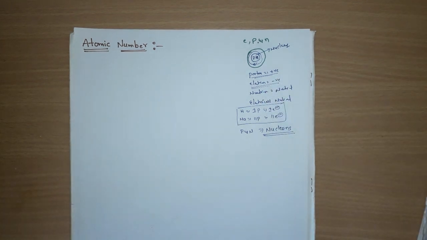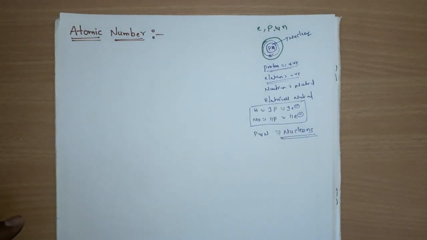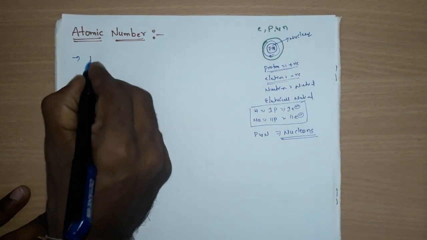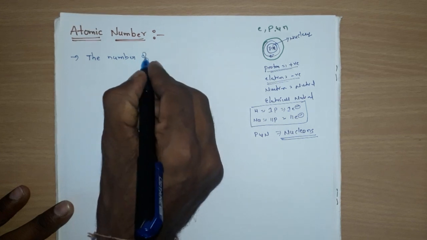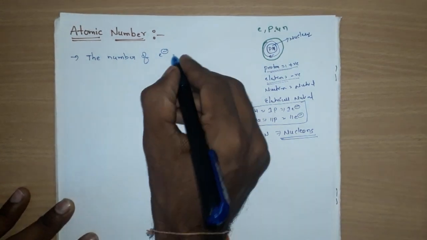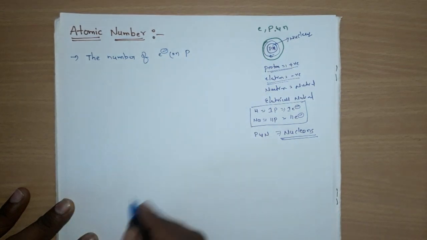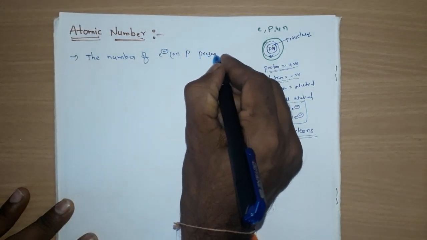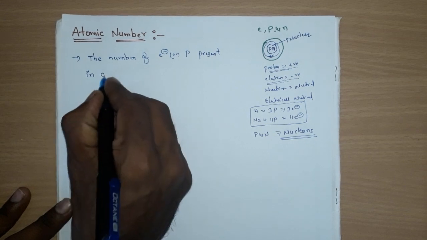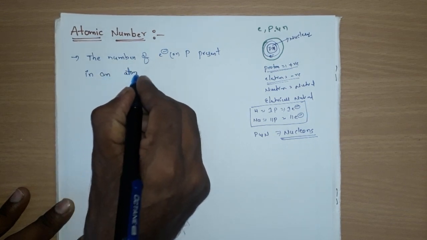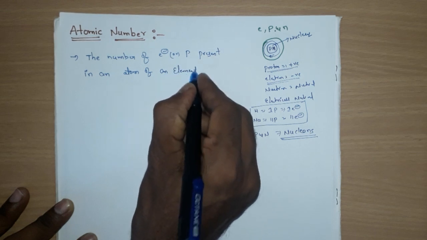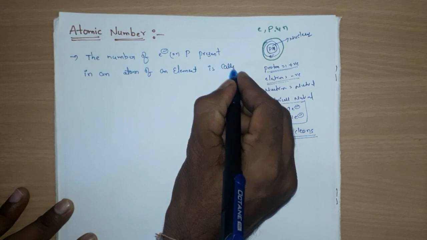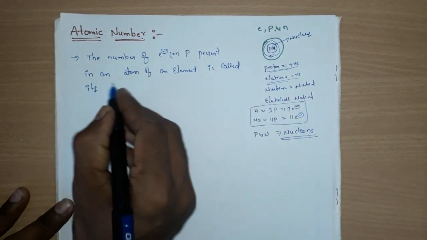Next, let us discuss atomic number. The number of electrons or protons present in an atom of an element is called its atomic number.